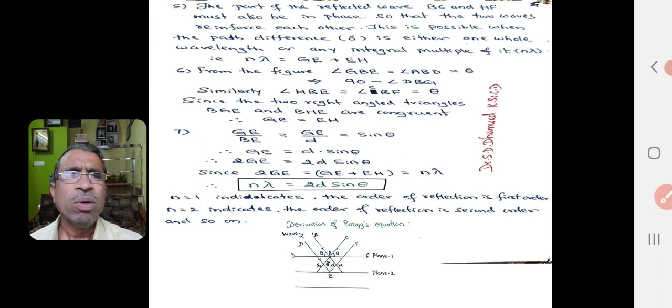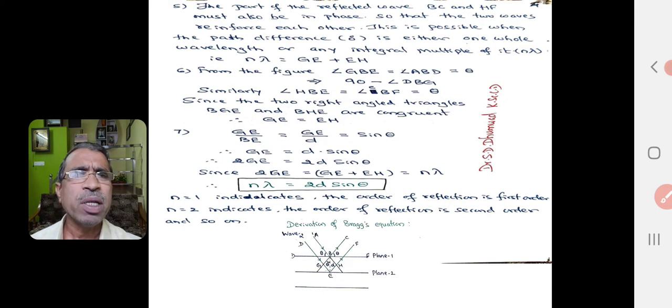Now we can multiply the above equation by 2. That is 2GE is equal to 2d sine theta. I have multiplied both the LHS and RHS by 2. Since we know 2GE is nothing but the path difference, 2GE is GE plus EH.